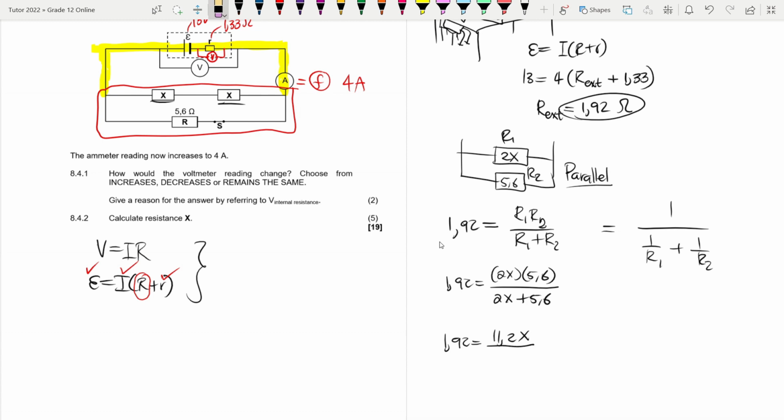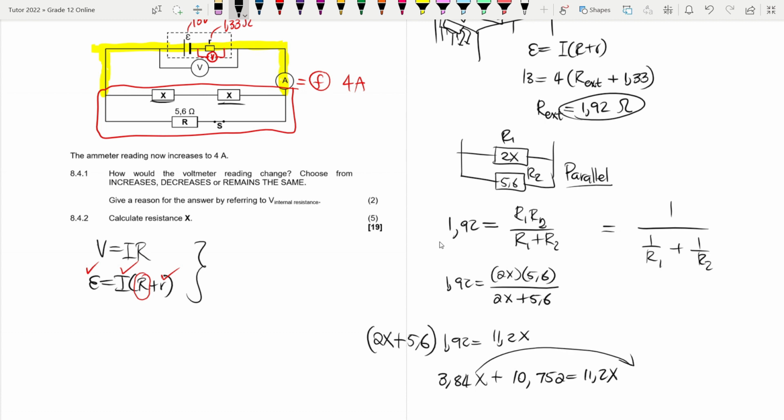So maybe I want to take everything on the left, under, to the other side. It's going to be 2x plus 5.6 multiplied by that. Then my 2 times 1.92 is going to be 3.84x plus 1.92 times 5.6, which is 10.752, equal to 11.2x.